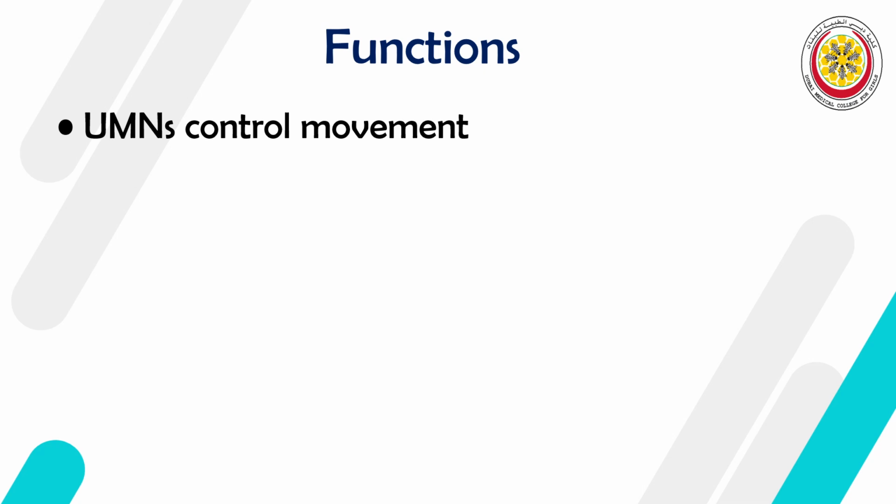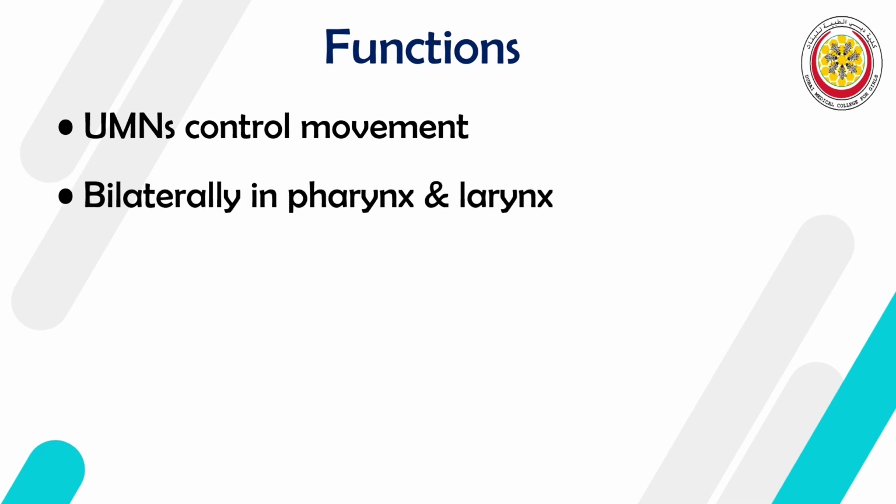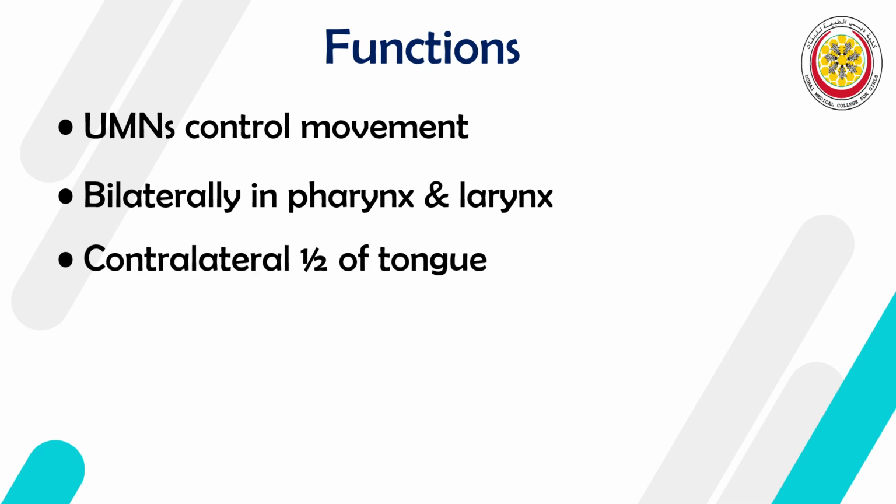What do these upper motor neurons do? Do they all start movement, or sometimes do they inhibit movement? So what are the functions of these upper motor neurons? Both, they control movement in different ways. They are bilateral in the pharynx and larynx, and this is a safeguard.